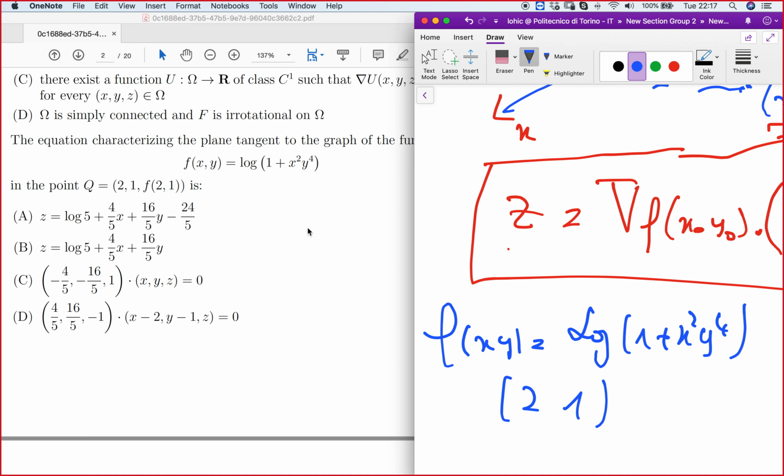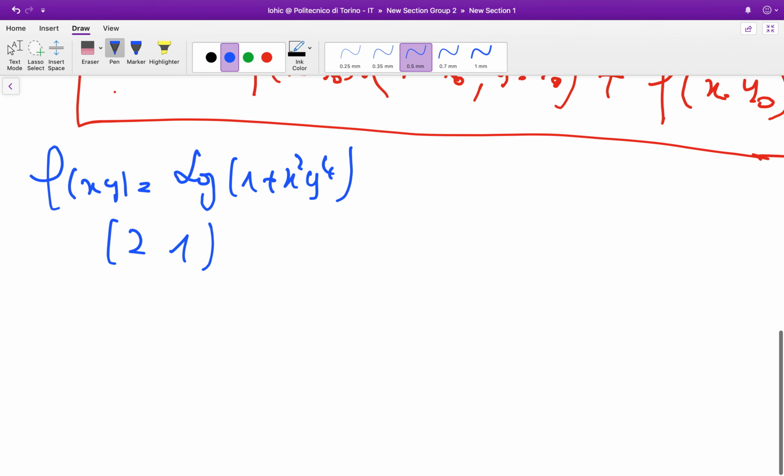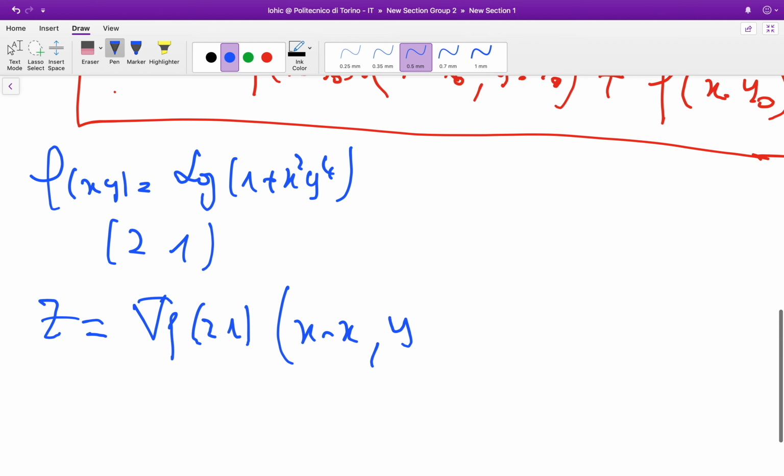So the formula will be z equal to the gradient at the point 2, 1 multiplied by x minus 2, y minus 1.